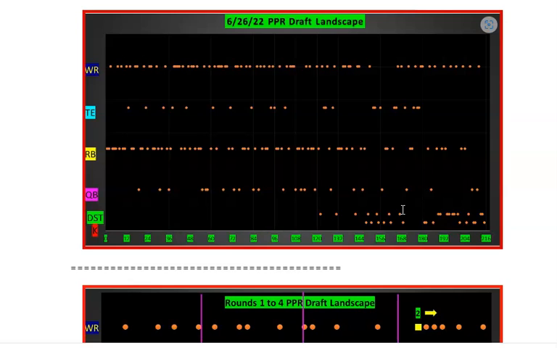So use a draft landscape, use planning, and then join a draft. And I like slow drafts, so I have plenty of time to go and look and consider the next couple rounds: what should be happening, what's gone on before.